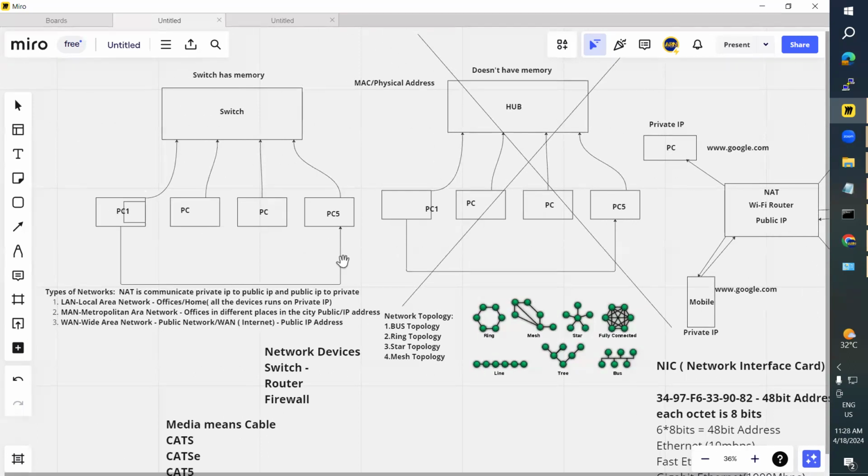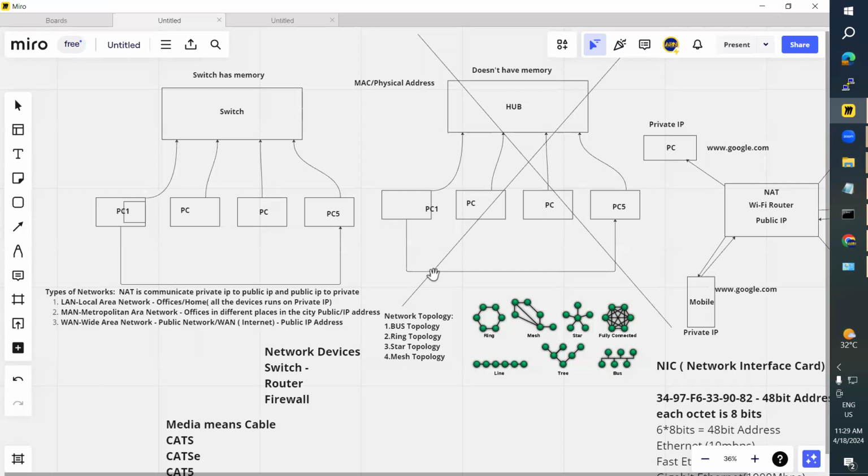Okay, so that is the switch. What does a router do? A router is also a hardware device which enables communication between two or more different logical networks.